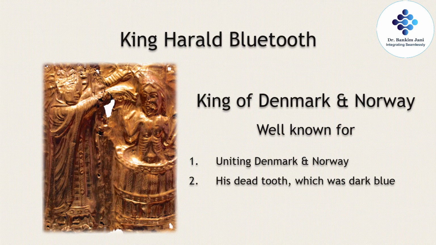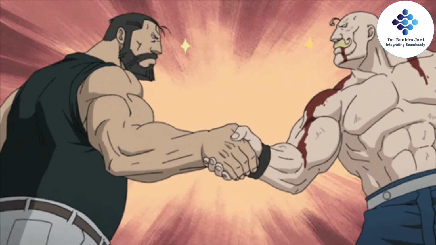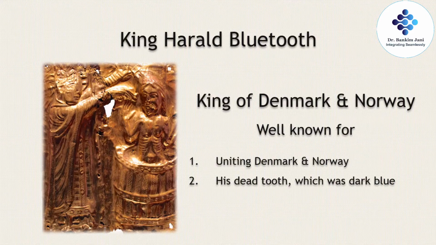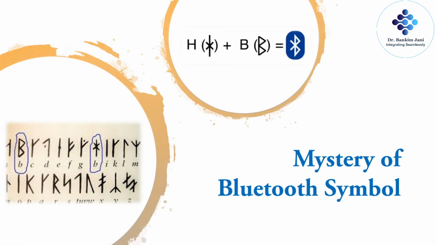Now, Bluetooth is a wireless technology named after Harald Bluetooth, based on an analogy that Bluetooth technology would reunite devices the way Harald Bluetooth united the tribes of Denmark into a single kingdom. Stated on the Ericsson website also. Dr. Jaap Haartsen invented Bluetooth while working at Ericsson in the 1990s. How about the symbol of Bluetooth? It is the initials of Harald Bluetooth in runic alphabet, H and B.